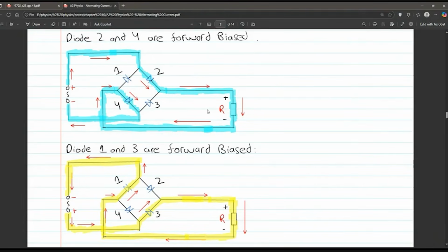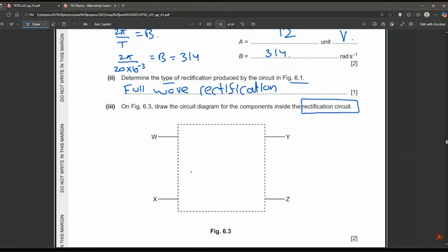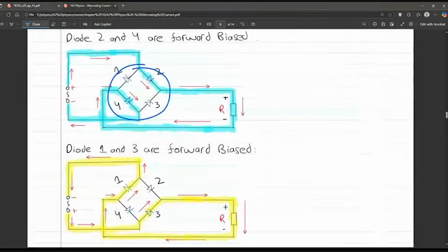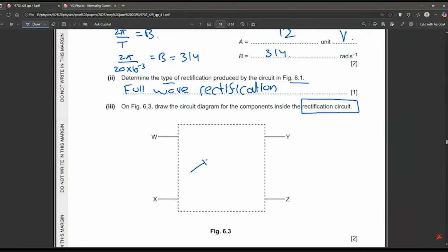Let's see. We have to draw this thing inside the box. Let's do that. Let's try with my bad drawing skills. Okay. Let's try our best.